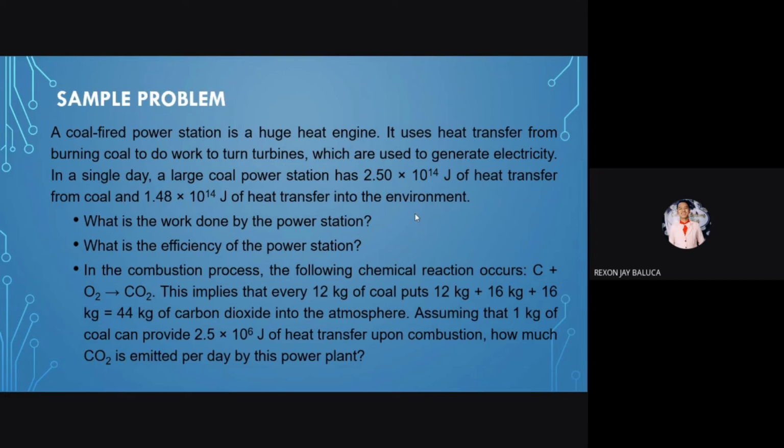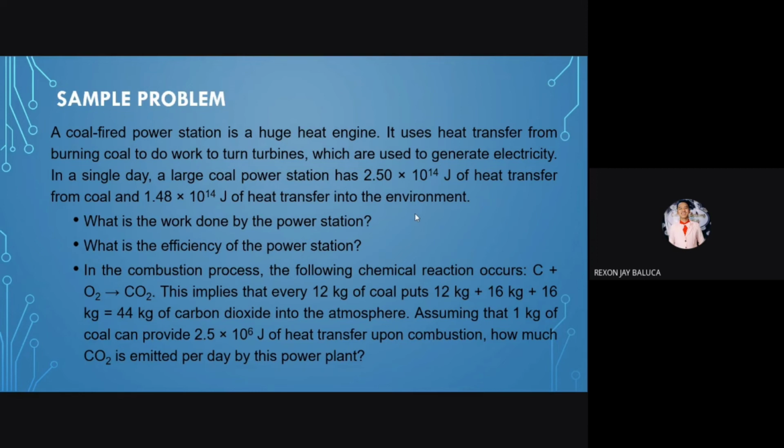C is 12, O is 16, so there are two oxygens. So, 16 plus 16, then plus 12, is 44. So, assuming that 1 kilogram of coal can provide 2.5 times 10 to the power of 6 joules of heat transfer upon combustion, how much CO2 is emitted per day?